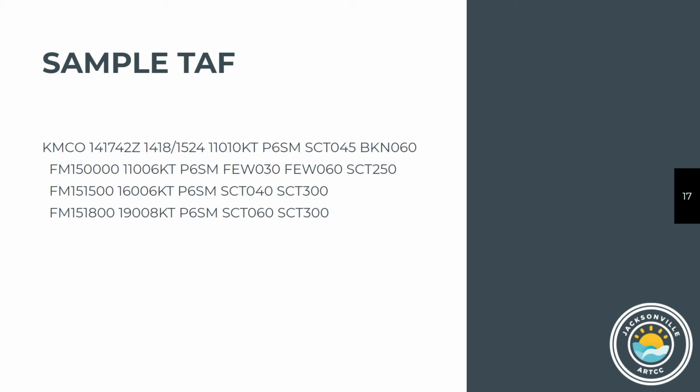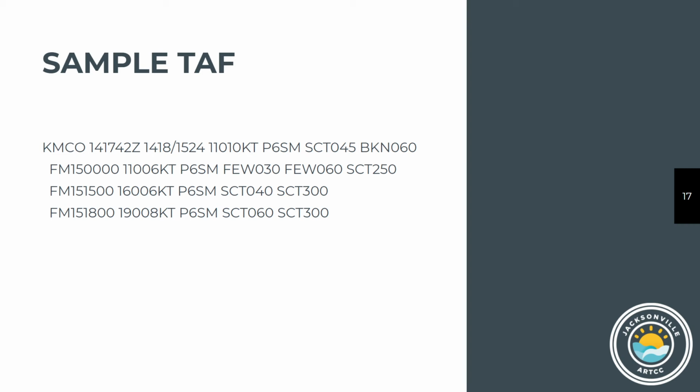Again, so initially it will be starting at the 14th day at 1800. It'll be 110 at 10 knots. Predicted 6 statute miles, scattered 4,500, broken 6,000. And then that period ends at the 15th day at 0000 Zulu, and that one we just read.